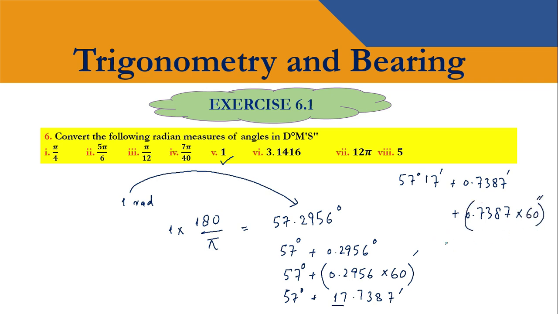This will be equal to 57 degrees 17 minutes and 44 seconds approximately. So 1 radian is equal to 57.2956 degrees, and it is further equal to, in this standard form, the degrees, minutes and seconds format, 57 degrees 17 minutes 44 seconds. This is all about exercise 6.1.